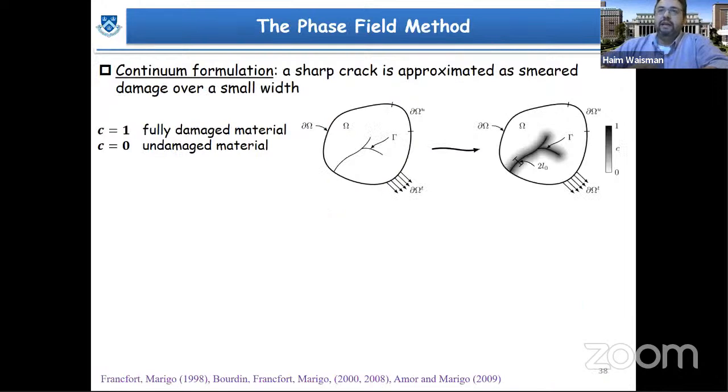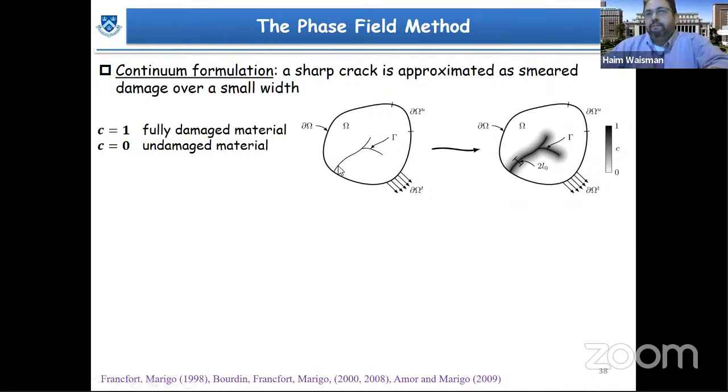First, let me very briefly mention what a phase field method is. I view it as part of continuum damage mechanics, but a very specialized continuum damage mechanics formulation.